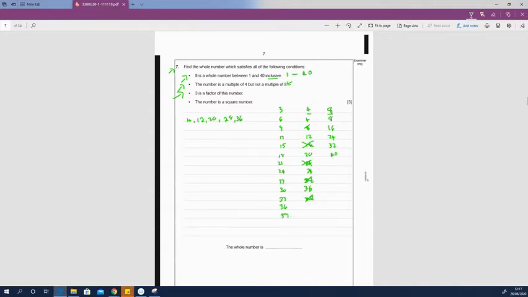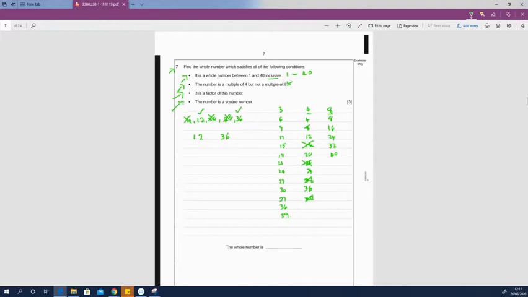So 4 isn't in the 3 times table, so 3 isn't a factor of 4. 12 is, 20 isn't, 28 isn't, but 36 is. So after that third clue, my number will either be 12 or 36.